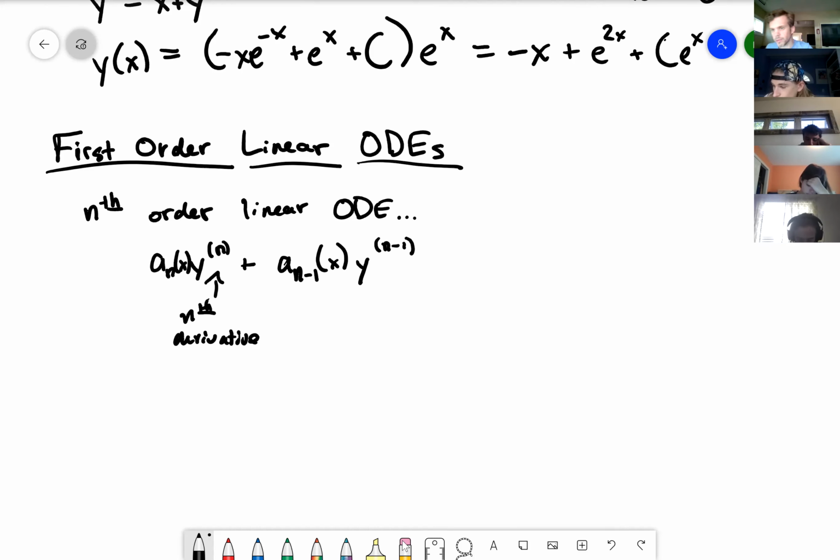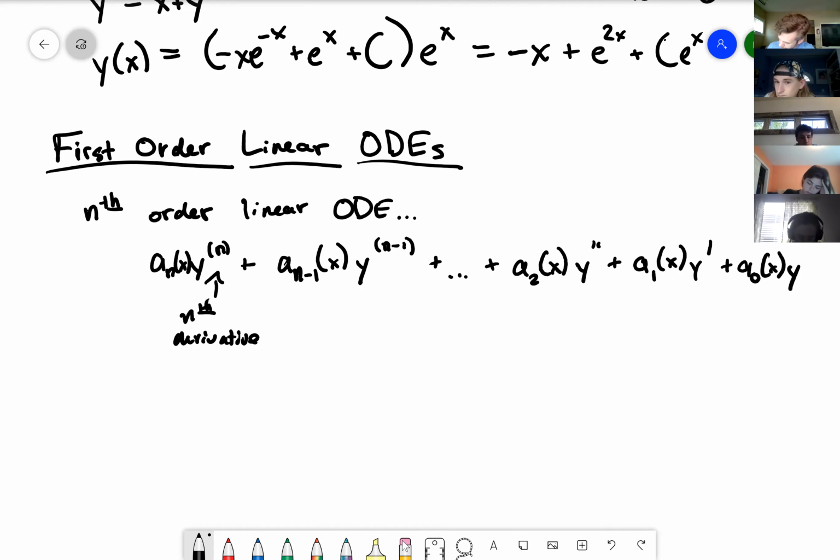I'm sure you recall this from previous classes. So it can be written like this, all the way down to a2 of x, y double prime, plus a1 of x, y prime, plus a0 of x, y, and this is equal to, what do they call it in the book? Q. We'll call this Q.